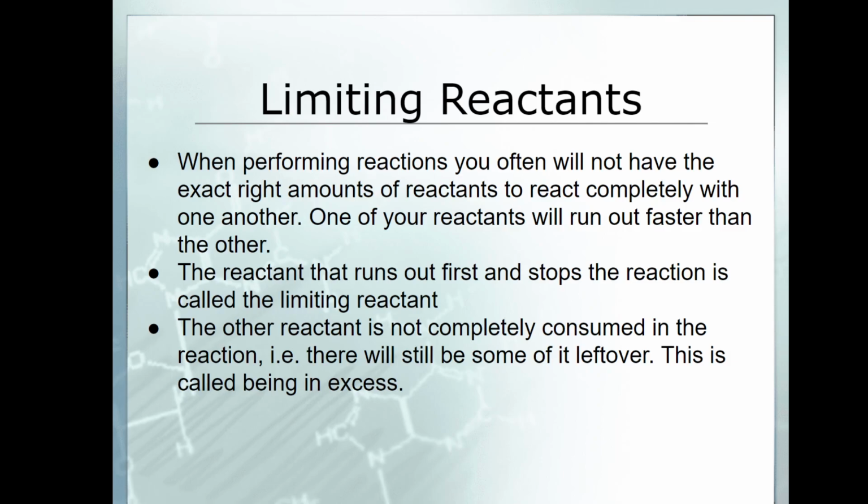You buy the buns in packs of 12 and the hot dogs come in packs of 8, so you're going to run out of hot dogs before you run out of buns. The one that runs out first is called your limiting reactant. The other one, the one that has some leftovers, is called the excess reactant. Those are the two terms you're going to need to keep in mind.